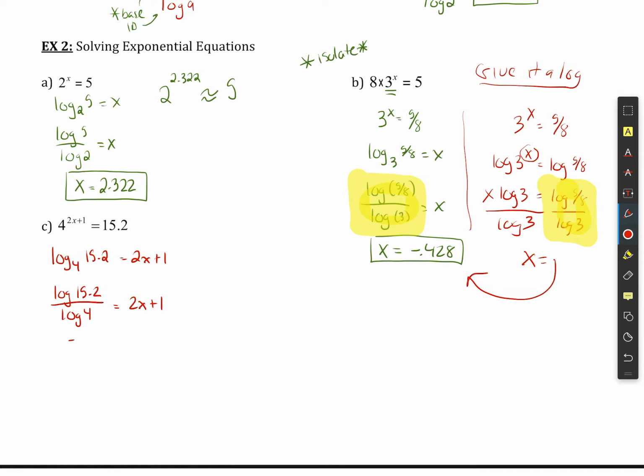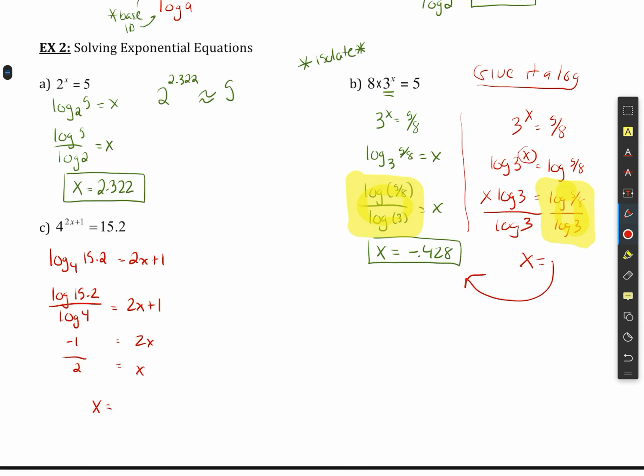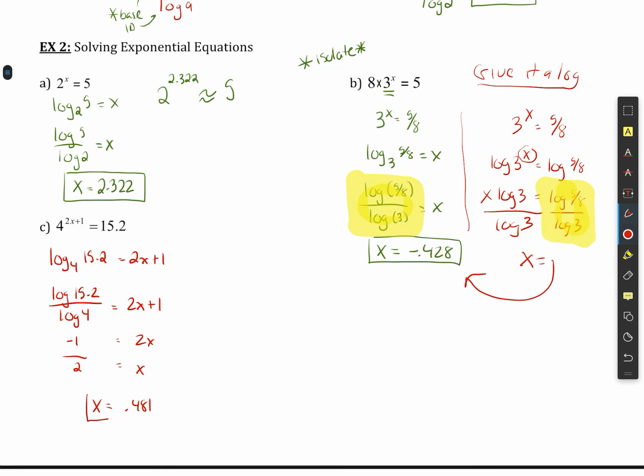All right, so what do I do now? Minus 1, divide by 2, x equals 0.481. So that's more of a calculator thing, where log of 15.2 over log 4, then subtract 1, then we divide by 2 to get our final answer of 0.481.